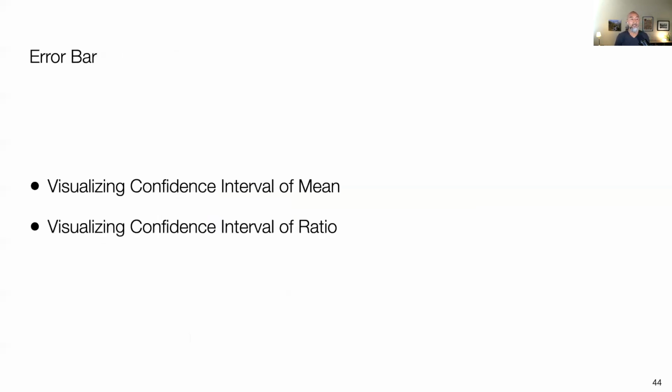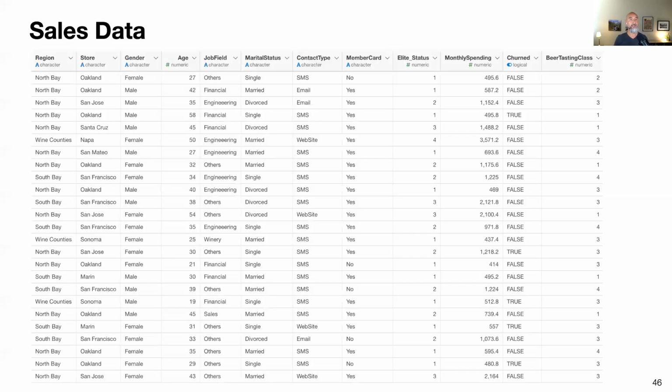There are two things you want to use the confidence interval for when we compare: one is mean or average, and the other is ratio or rate. So let's start with mean. We have this sales data.